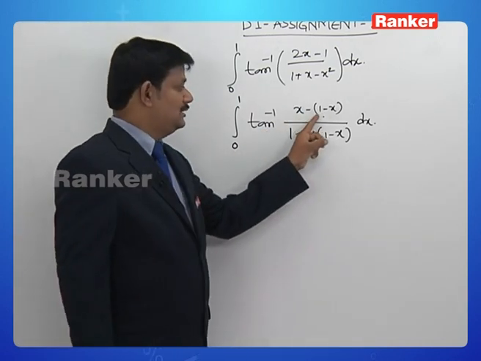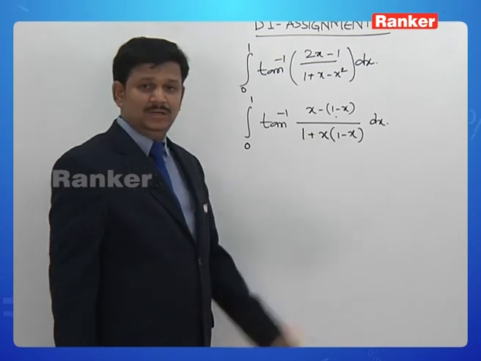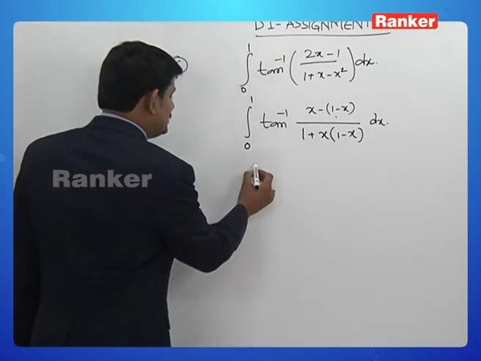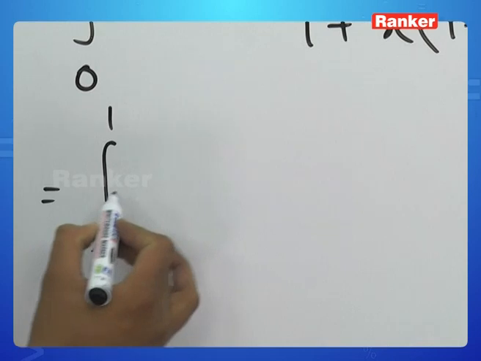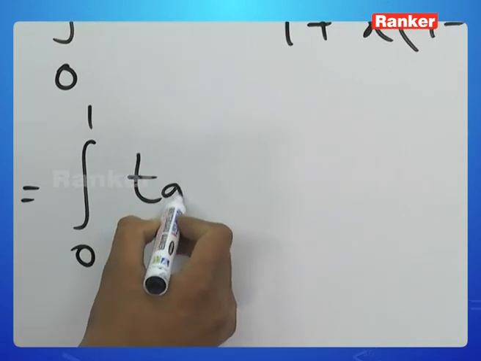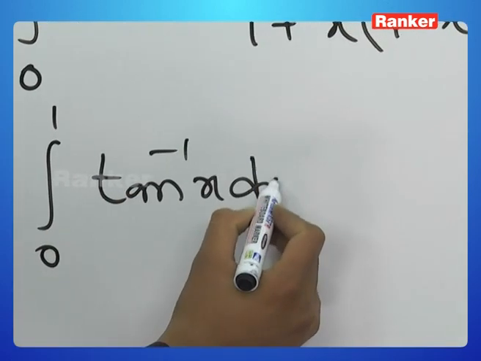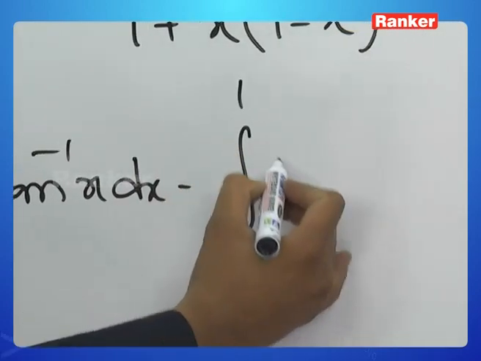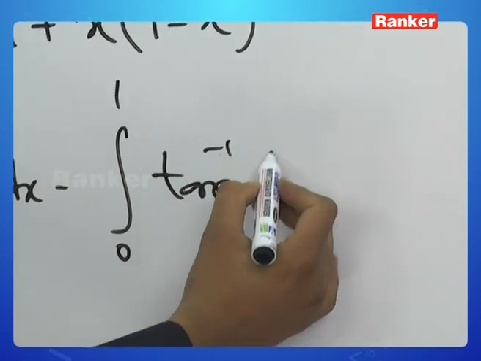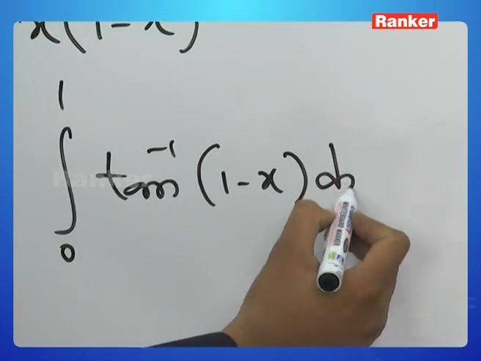Tan inverse of a minus b by 1 plus ab, we can write as tan inverse a minus tan inverse b. So, this integral can be written as integral 0 to 1 tan inverse x dx minus integral 0 to 1 tan inverse of 1 minus x dx.